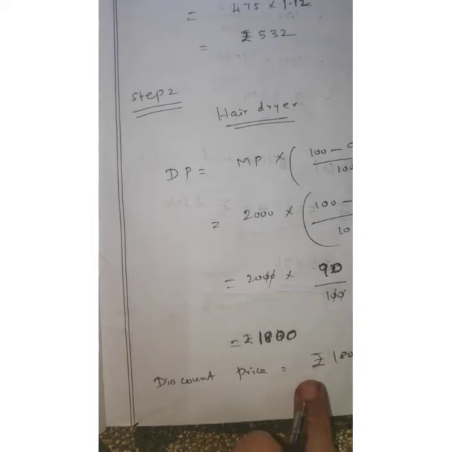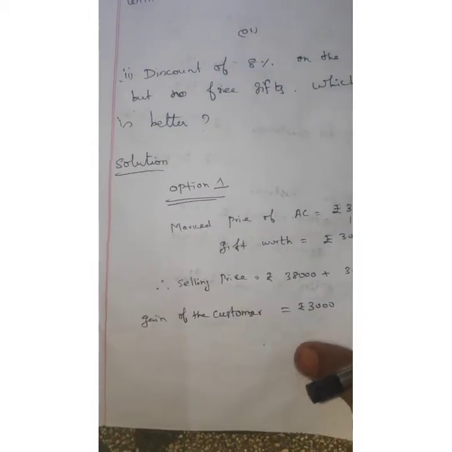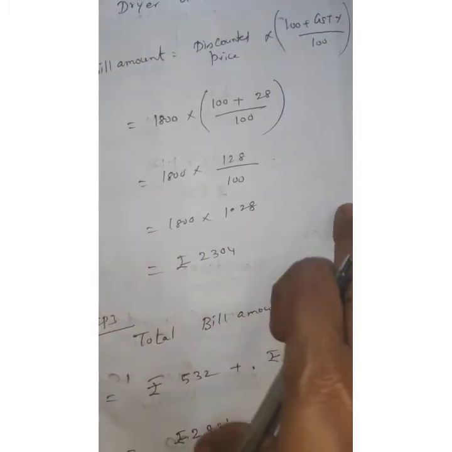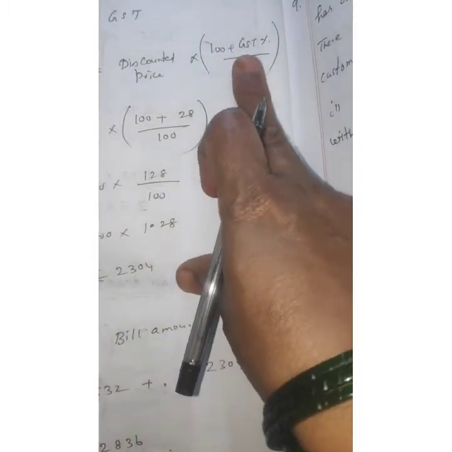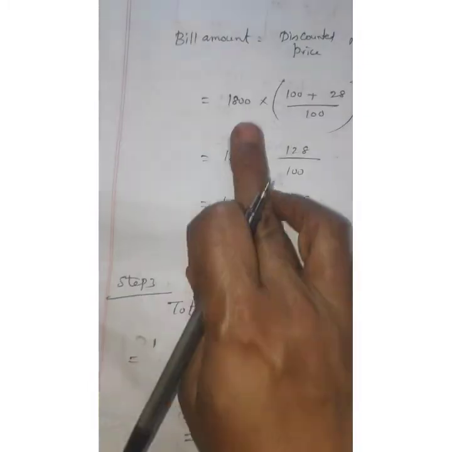Next, find the GST. For the hair dryer the given GST is 28%. So the bill amount formula: discounted price into 100 plus GST percentage divided by 100. Now find the answer.